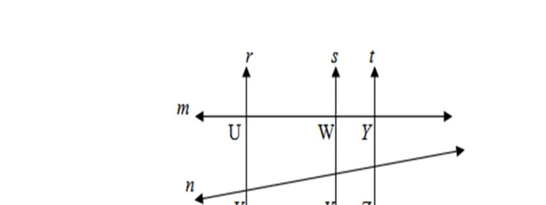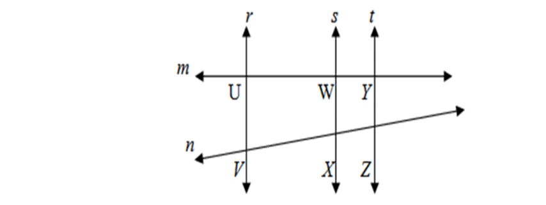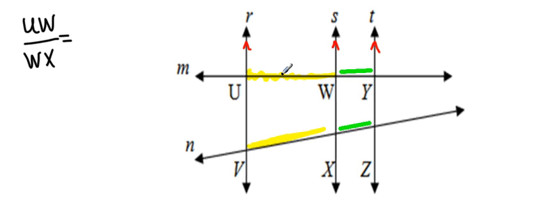So here's what this is saying if we take a look at a picture. If you have these 3 parallel lines, line R, line S, and line T, and they're intersected by these 2 transversals, M and N, it's going to divide them in such a way that if we compare U to W with W to Y, it would be the same as when we compare V to X to X to Z. So UW to WY is the same as the comparison between VX and XZ.